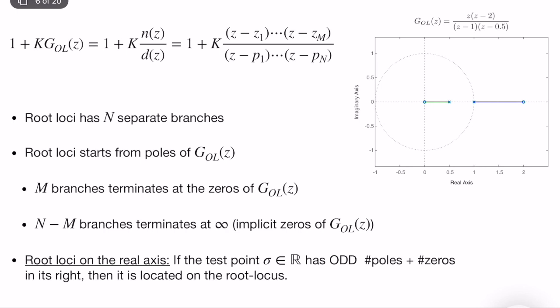For example, this pole is always stable, which is good. But this pole starts from a marginally stable point, which is z equal to 1, and it will go to 2, which is unstable. So technically, this state is unstable for all possible values of k, of course in the case that k is positive. That's good. So these are, I think, the most important rules that you shouldn't miss in the exams.